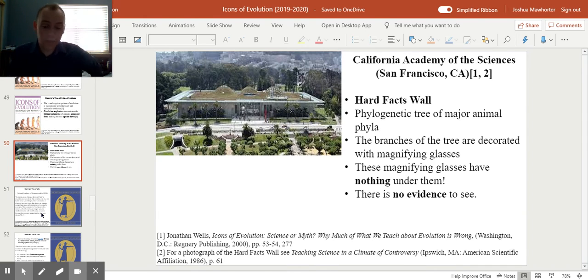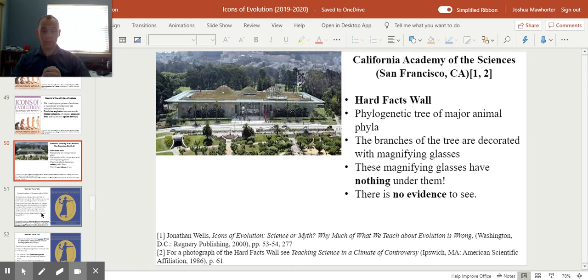The author of this book, Icons of Evolution, talks about the California Academy of Sciences in San Francisco, California. He talks about a visit he had there, and this area in the museum at the time called the hard facts wall, where you're just supposed to look and see the facts, and you have different goggles and things that you look in, and you see the information there right in front of you.